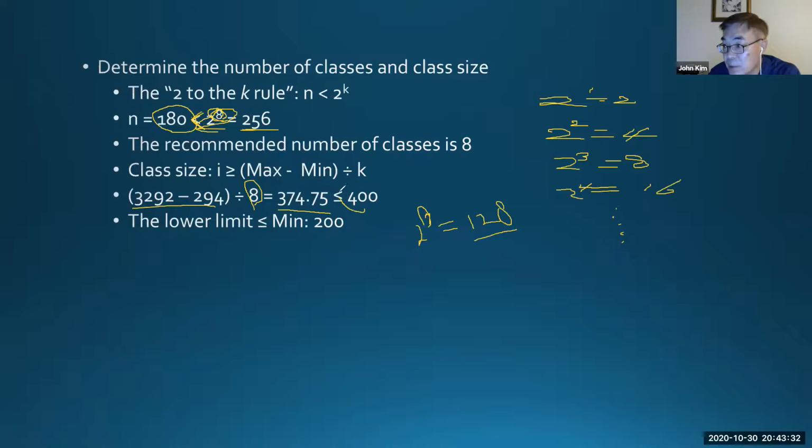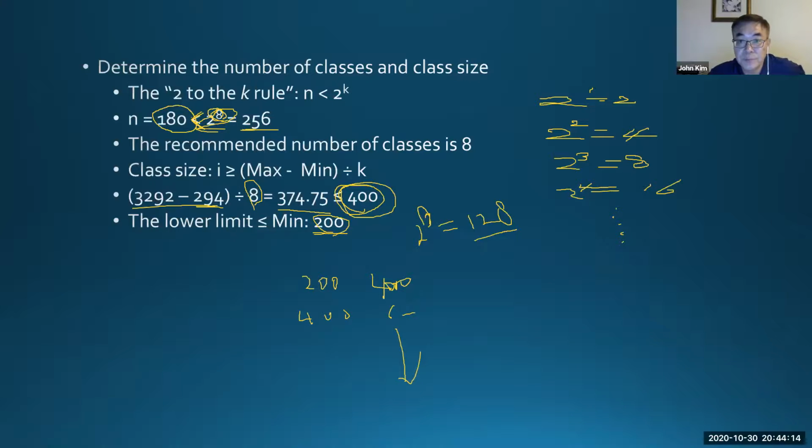So approximately, make it clear cut, so 400. And then minimum is 294. So start from lower than minimum. So start from 200, from 200 to 400, 400 to 600, and so on.